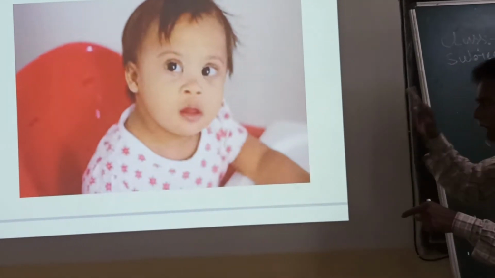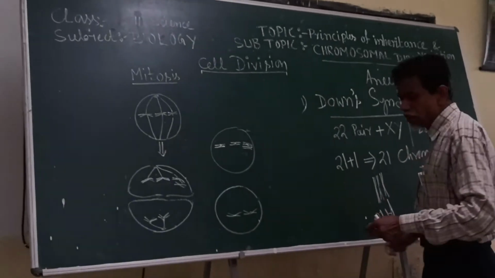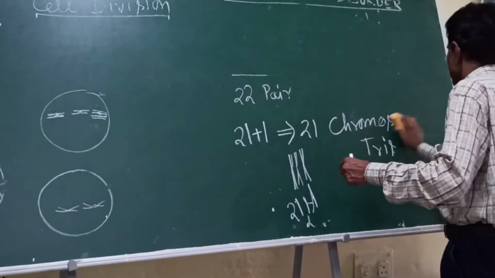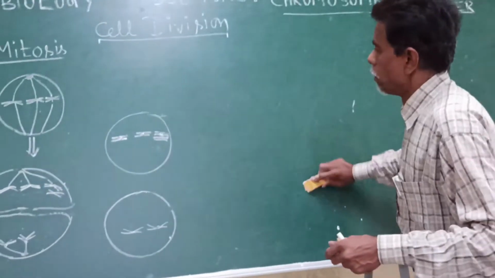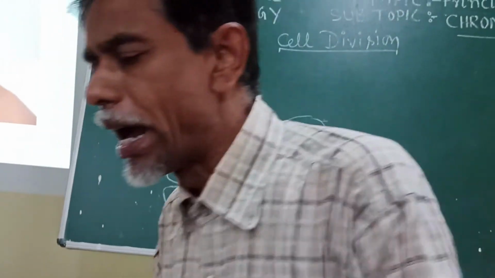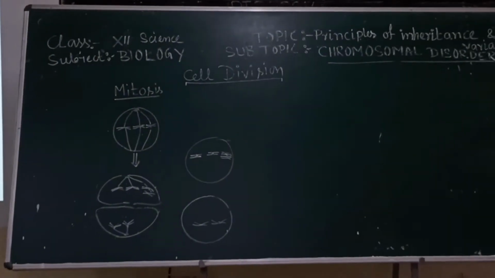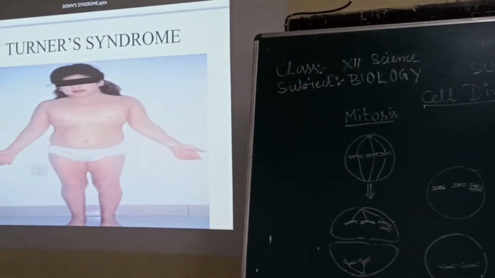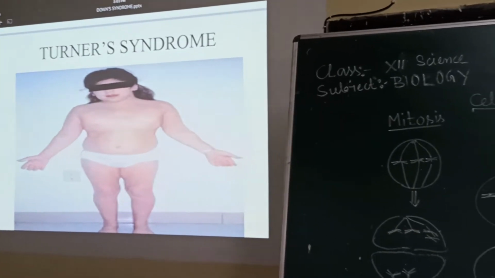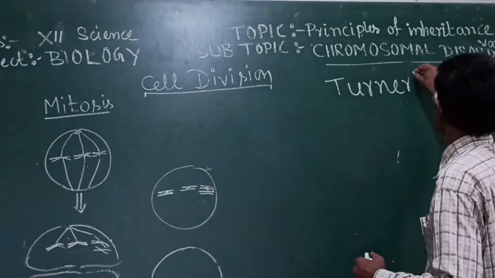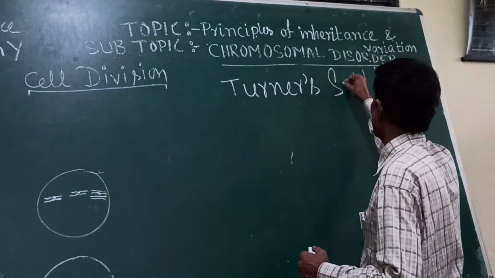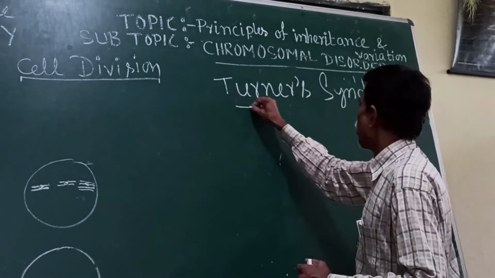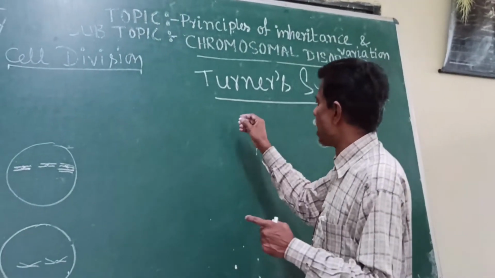Now coming to the next disorder. By that time I will take one clipping and then I will go for discussion. This is Turner syndrome. What happens in the case of a female?